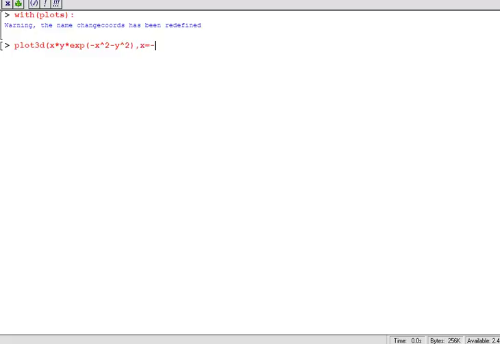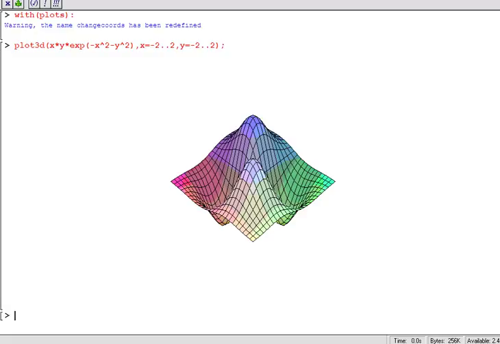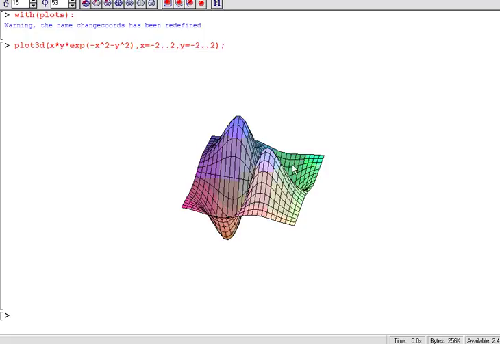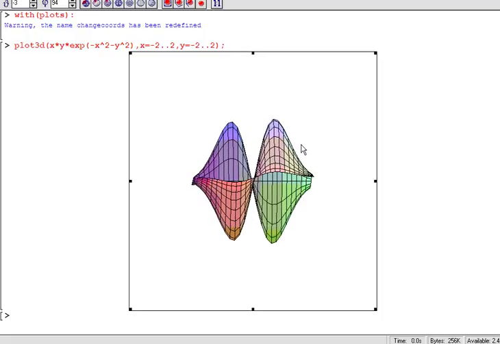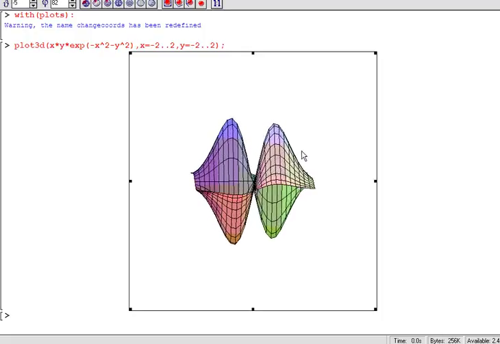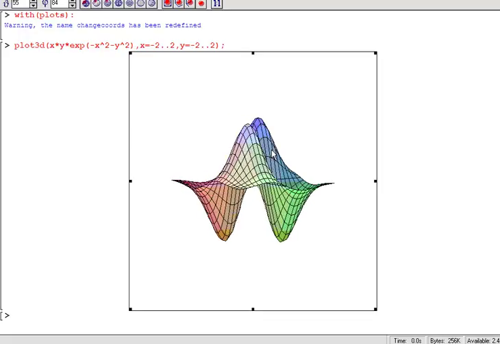And I'm going to go from -2 to 2. And if that's not good enough, I'll have to change it. Oh, well, that's a really good picture. We see some mountains, and we see 2 mountains and 2 valleys, so we should expect 2 local maxes and 2 local mins here.